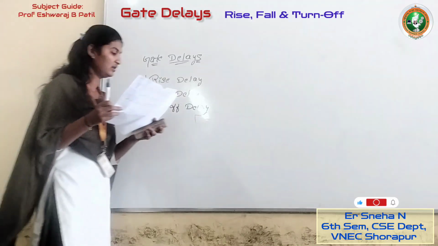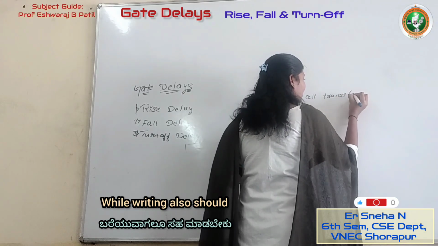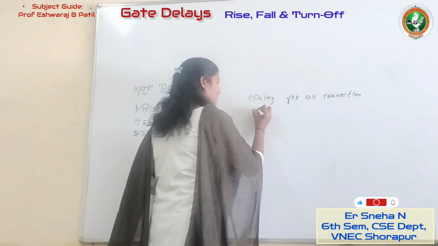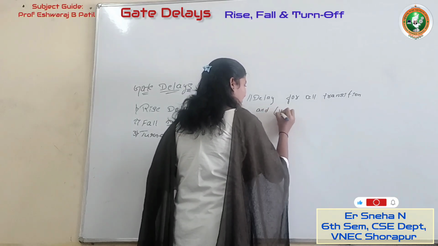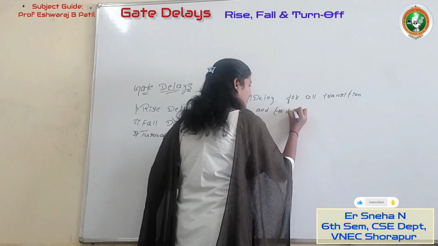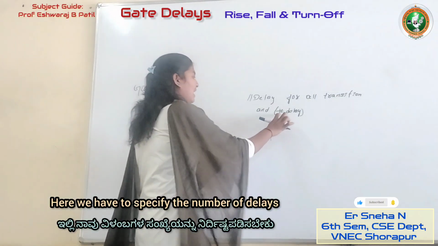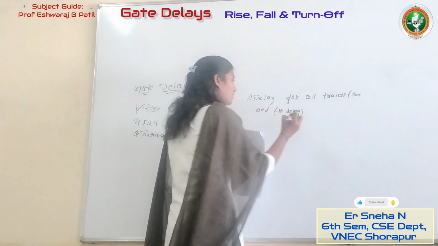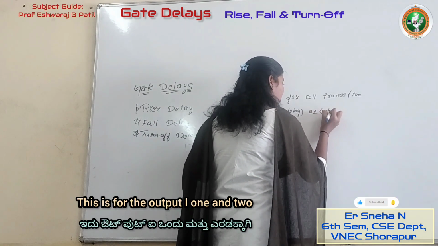For example, a delay is mentioned with a hash symbol. Here we have to specify the number of delays, or the value, how many delays we want. This is for the output.